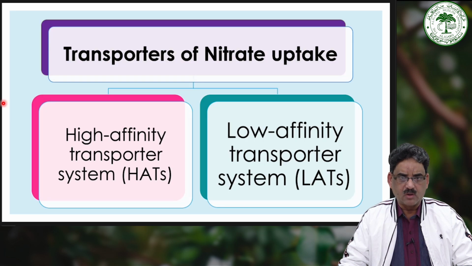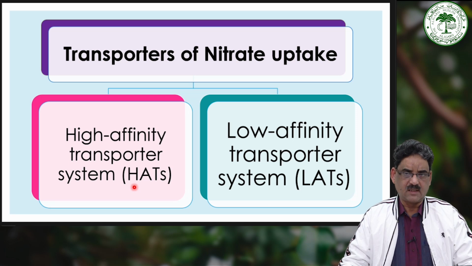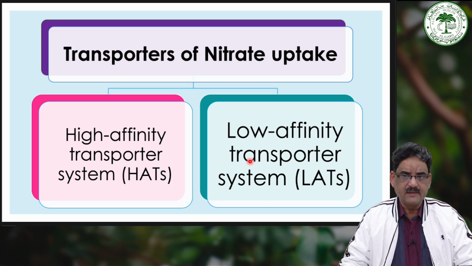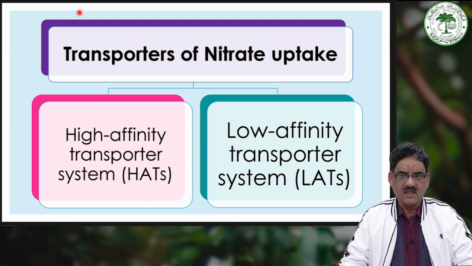As you can see, nitrate transporters are categorized into the high affinity transporter system, in short called HATS, and the low affinity transporter system, called LATS, based on their affinity for nitrate.